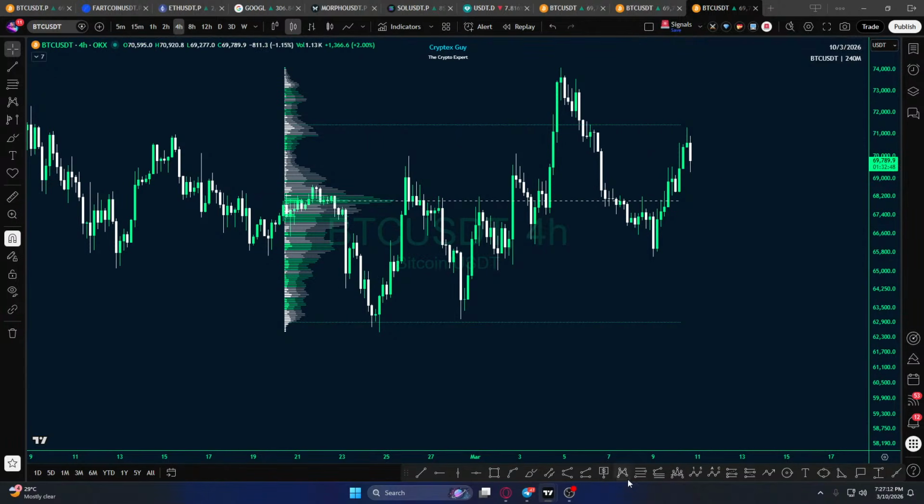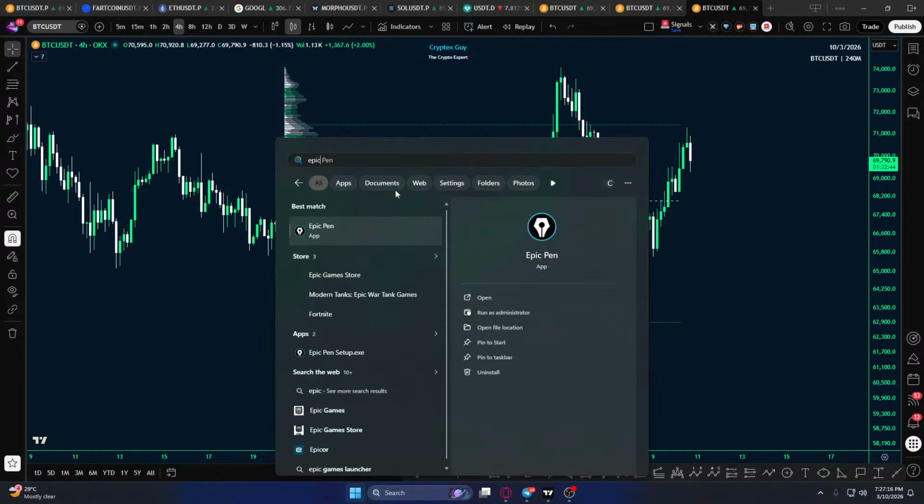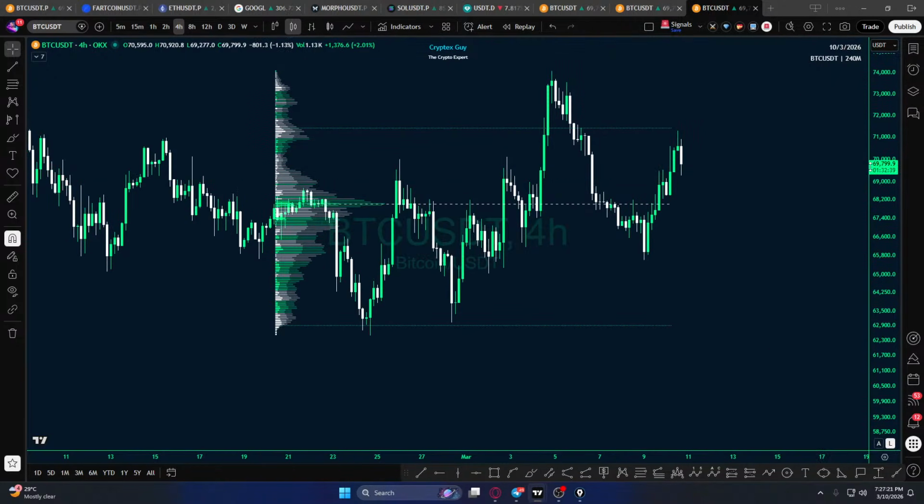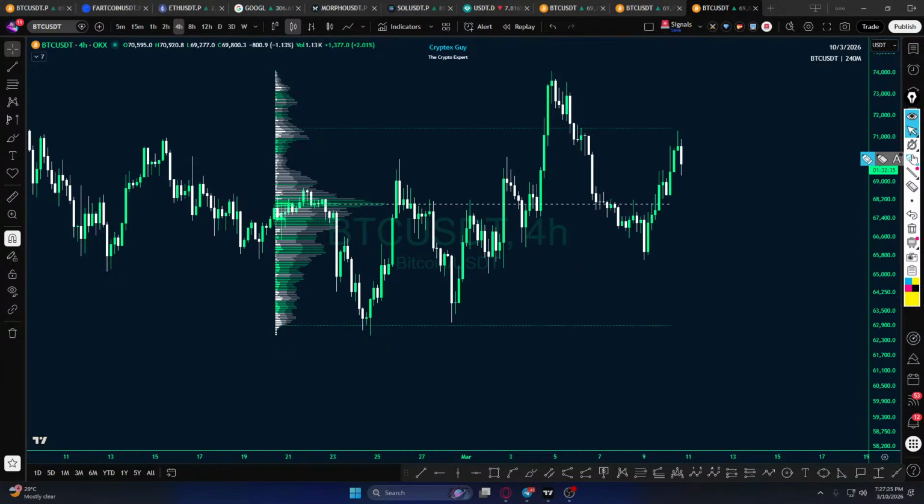Let me just open Epic Pen. I have Epic Pen here, so I can draw something on the charts. So if you have a look at this one, let's say we have $100 traded in this whole range, and let's say $20 are traded here, $20 are traded here.